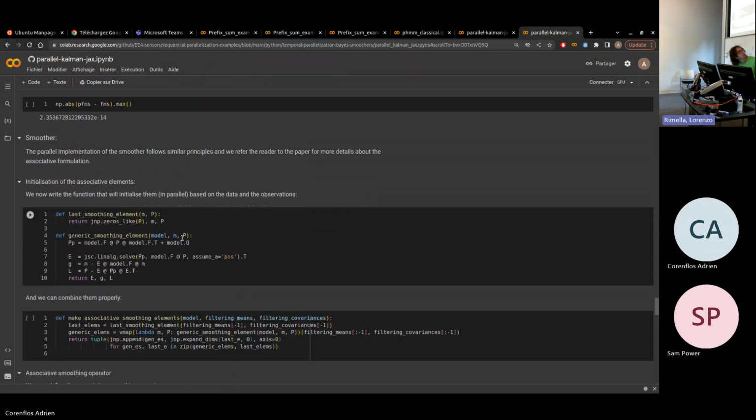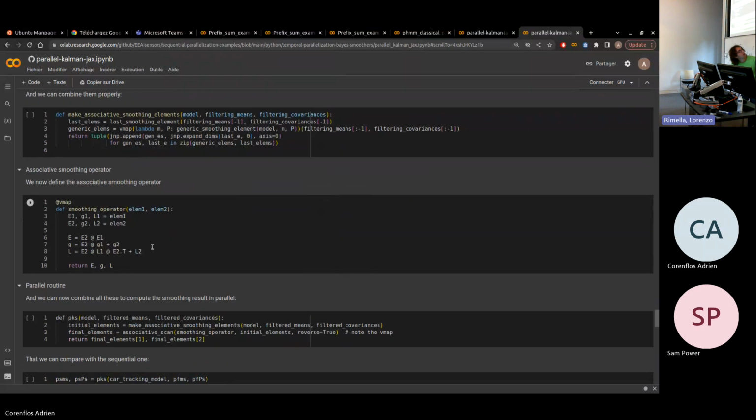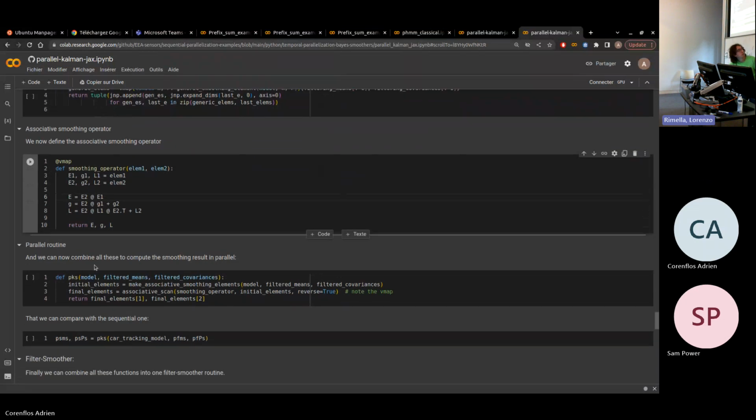So that was it. The smoothing is essentially the same thing. You define your smoothing elements, E, G, L, which just pop out as soon as you do the Gaussian algebra magic. And you define your operator, which essentially corresponds to applying an affine function to a Gaussian. And once you do that, same thing.